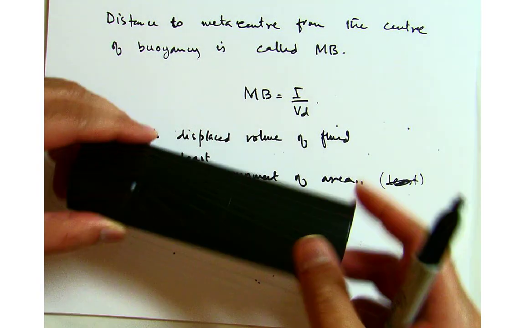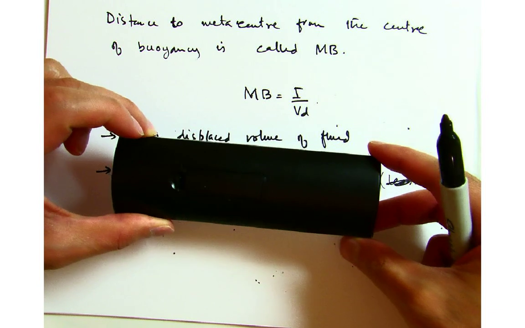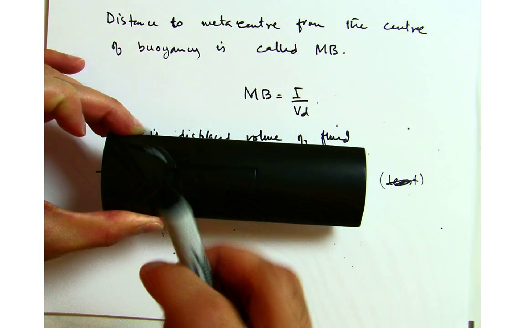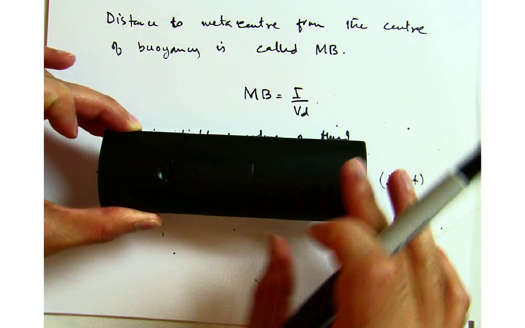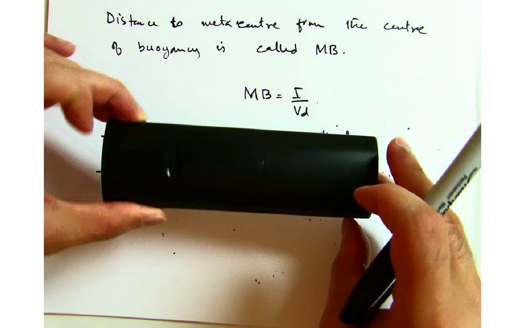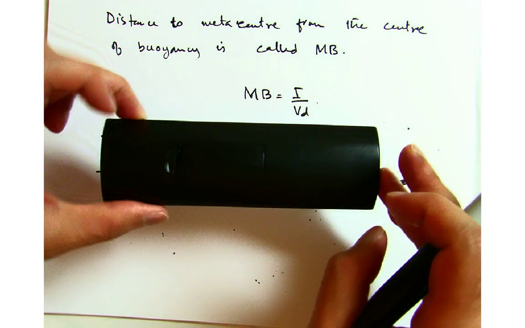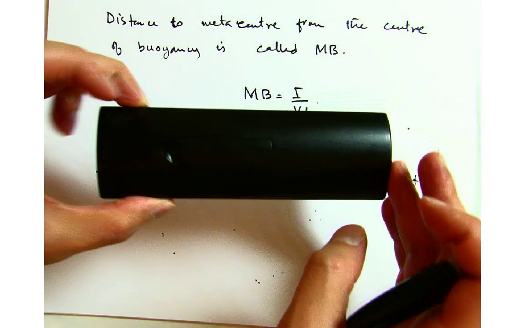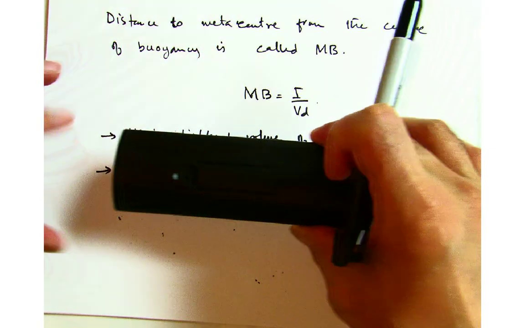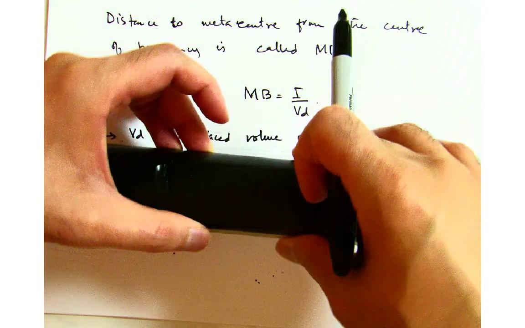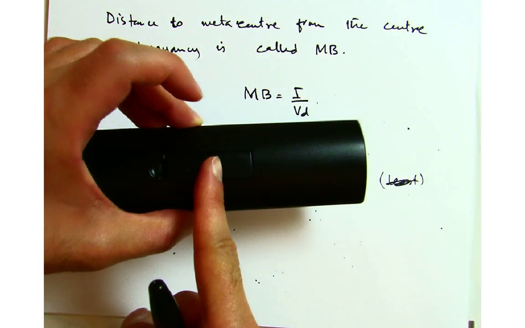So let's say this is a ship or something, and we do know that if this ship is floating in water, it will tilt this way and not this way, because you have two axes. One axis is passing through this, so it can tilt this way, or you have another axis, it can tilt this way.